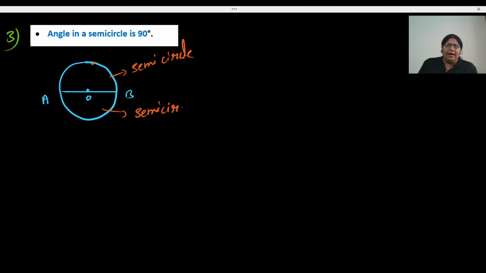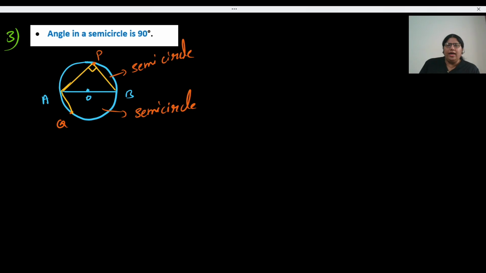Now if I take this point as P, and anywhere on the semicircle if I take Q, the angle will be subtended by the diameter AB. So take A to P and B to P, and you will see this angle is always 90 degrees.